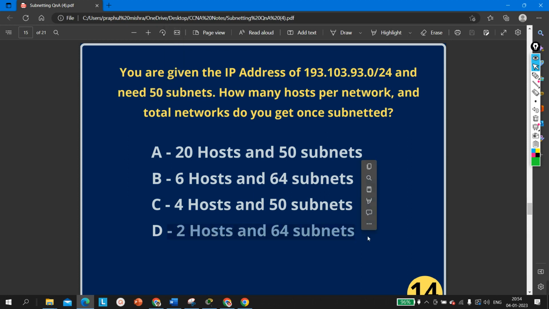Yes, D is the right host count. So there will be only 2 valid IP addresses in one network, and there will be 64 networks. Okay, Venkant. Sir, I think D is the right answer.